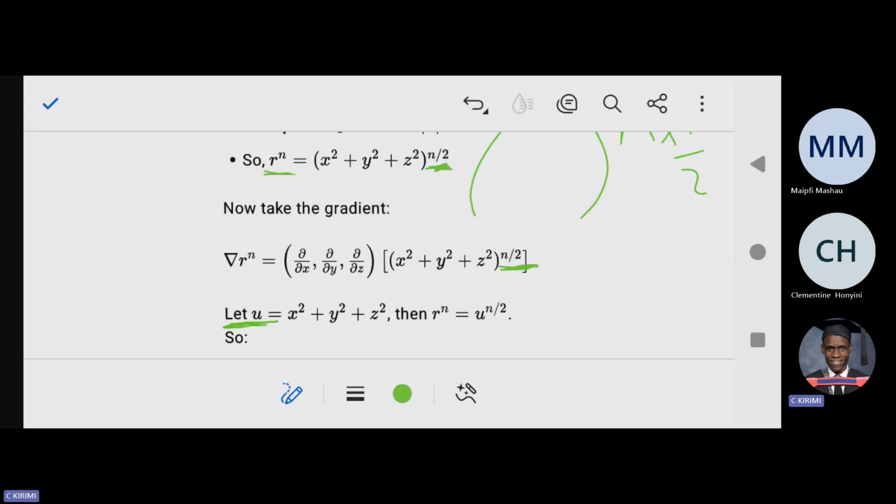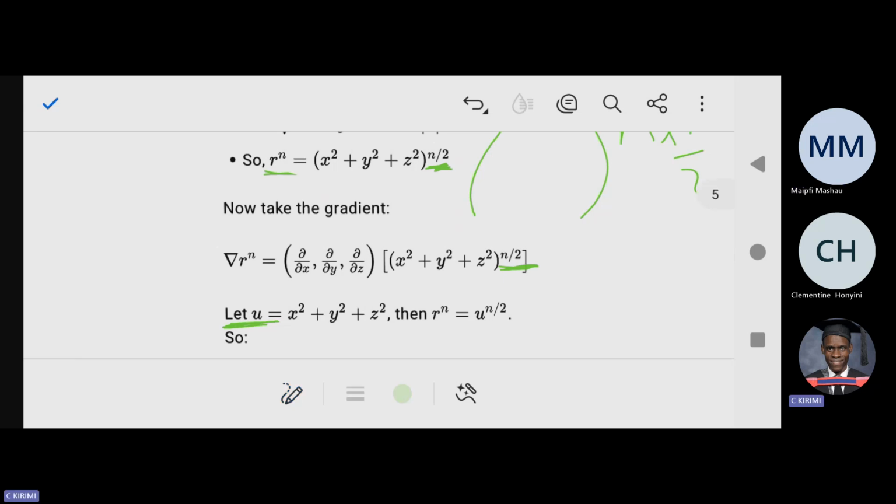Remember, let u equal x squared plus y squared plus z squared. That is your u. Then r to the power n is the same as u to the power n over 2. Why did we introduce u? We are just making it easy for us to simplify.